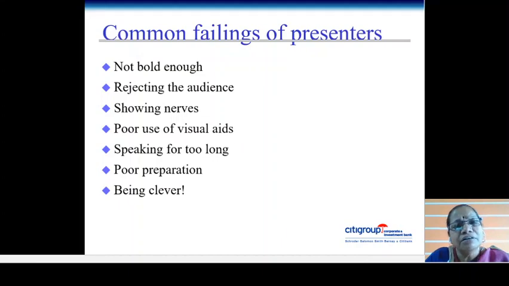There are a few people who show that they are very clever, they are very smart, but it will not be possible. That type of style, that type of behavior may fail your presentation. You should not show that you are very clever, because in the audience there may be people cleverer than you.